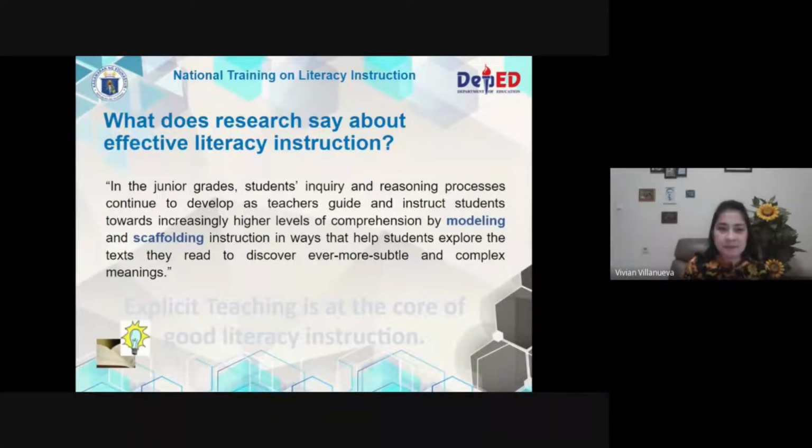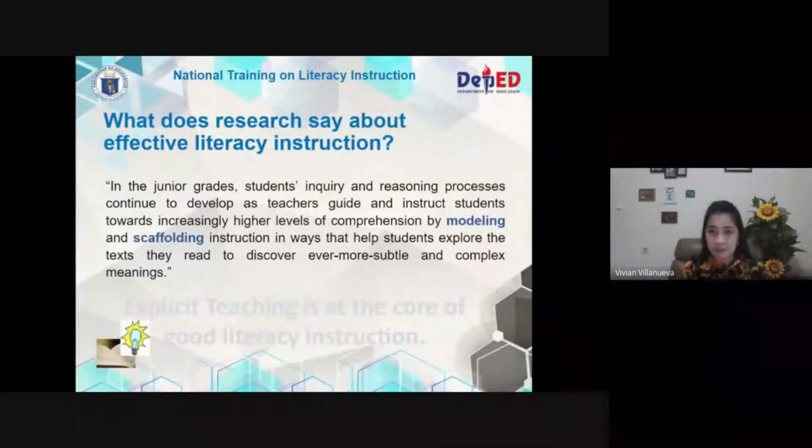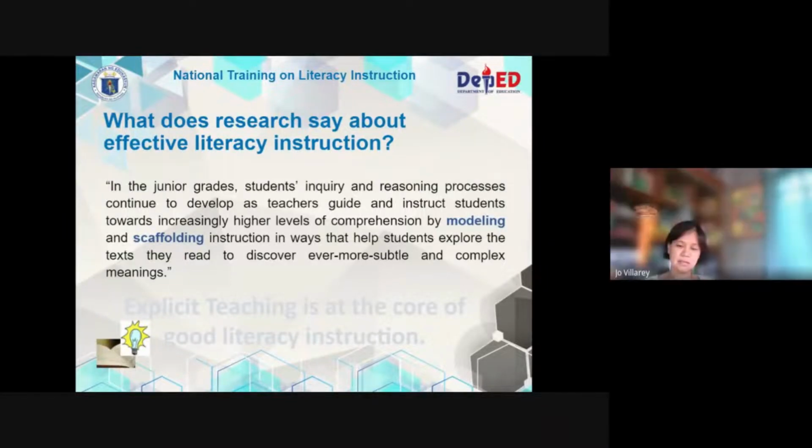Okay, let's proceed. Scaffolding. I'm sure this is not new to you. Does any one of you know the meaning of scaffolding? In your own words, what is scaffolding for you? Anyone? It's a helping tool for our kids to learn better, to learn in an easier manner.